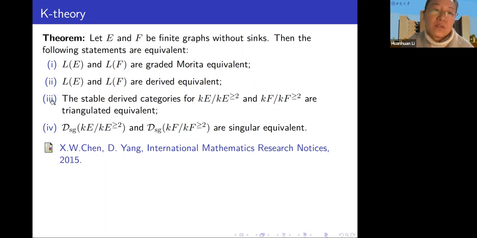So the third one and the fourth one are equivalent. That is by the definition, so that is not the difficult part, because the singularity category is a part of this stable derived category.